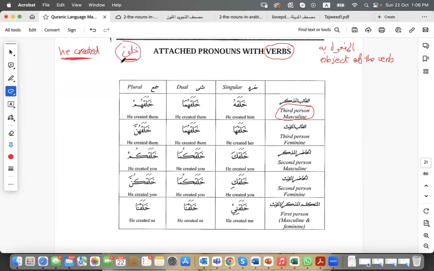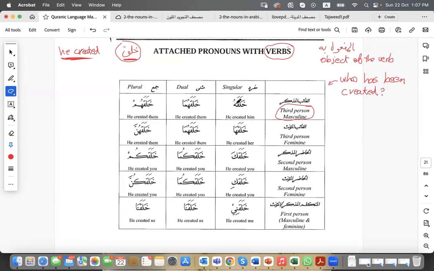It says that the doer is singular, masculine, third person. So he created. All right, then who has been created? That is the answer here. So this table is answering the question: who has been created.